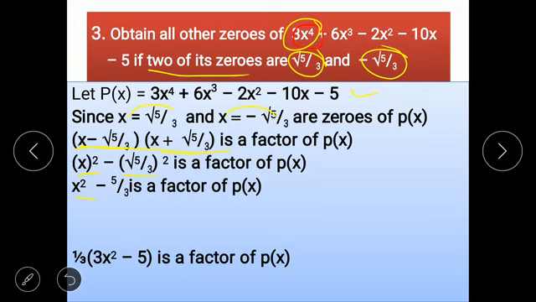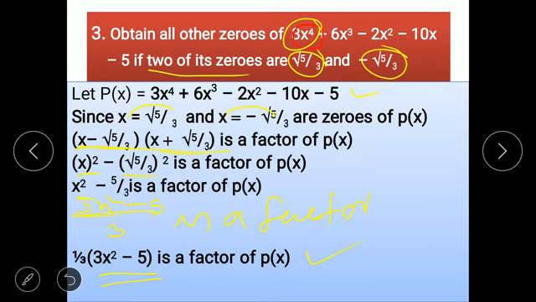Now take the LCM from here. What is the LCM? LCM will be 3: 3x square minus 5 by 3 is a factor. Taking 3 common outside, we can write 1 by 3 into 3x square minus 5 is a factor.